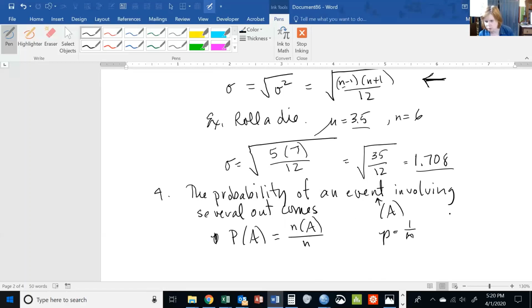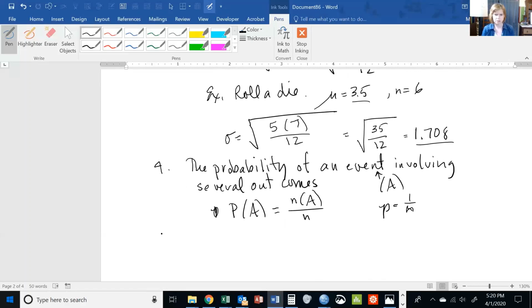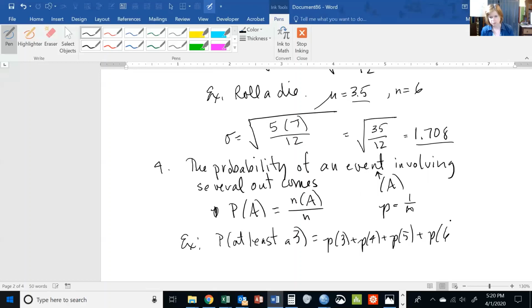All right, so let's do an example. If we use rolling a die, let's say I need a 3. So what's the probability that I get at least a 3? Well, that'll be the probability of a 3 plus a 4 plus a 5 plus a 6.